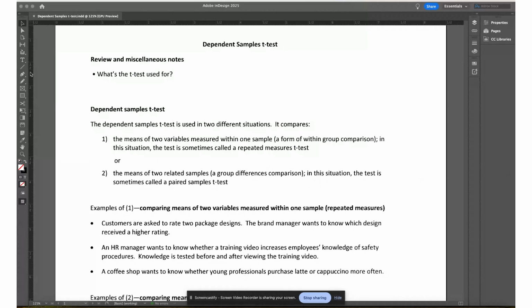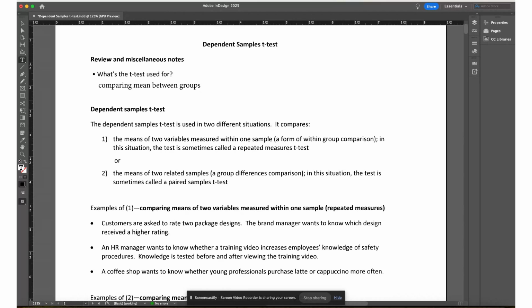So to recap, the t-test is used for comparing means between groups. So when we compared the means between groups earlier this semester, they were independent groups, so they were not related.